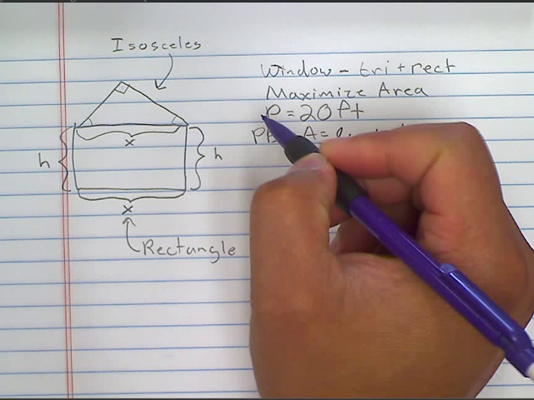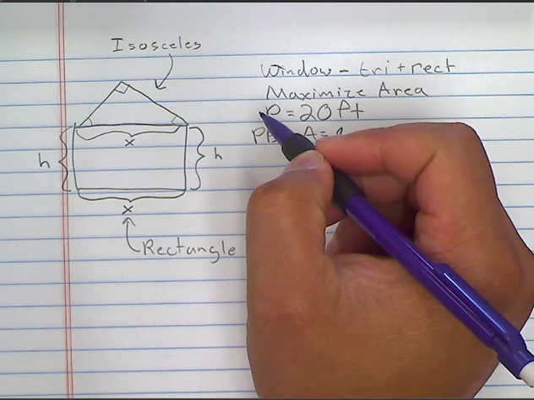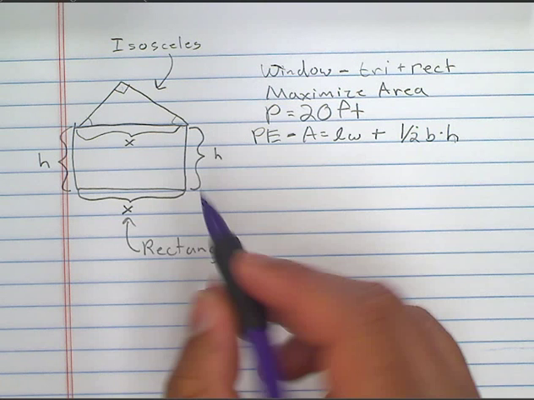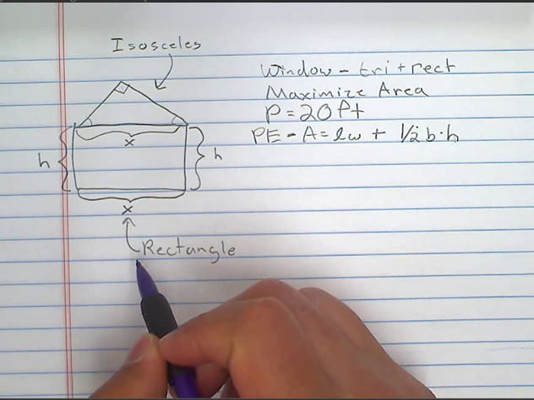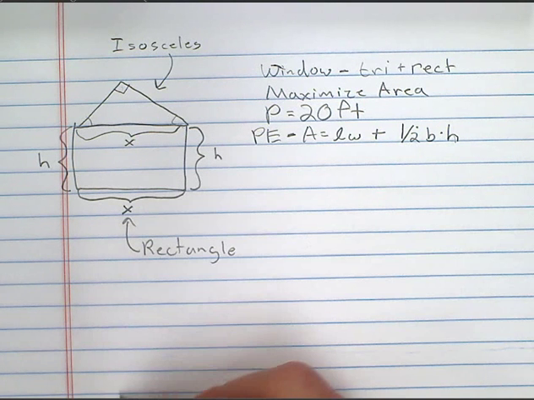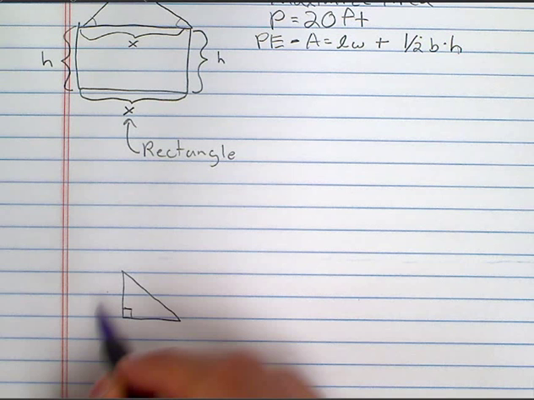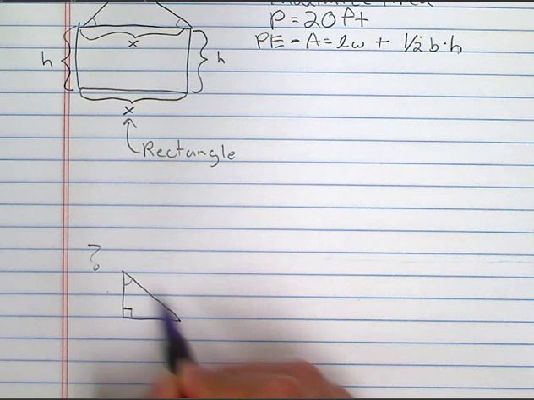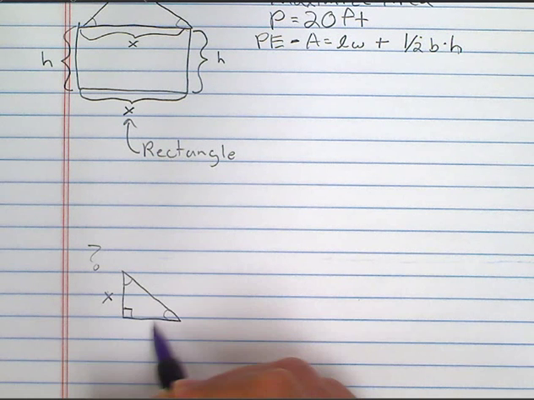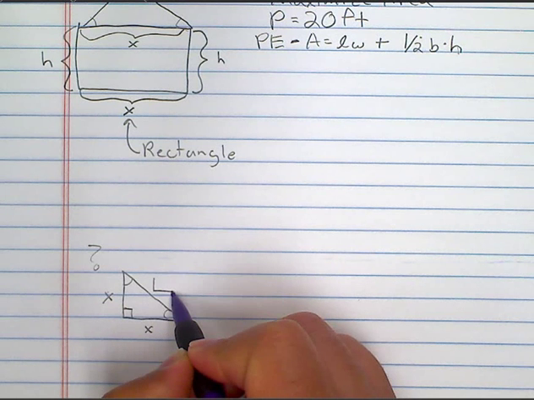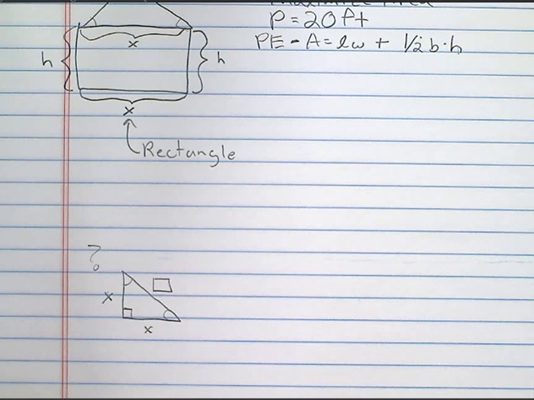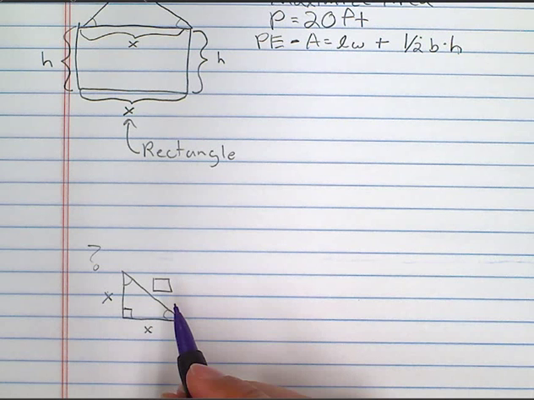We can use the Pythagorean theorem to figure out the sides, because this is x and this is something.